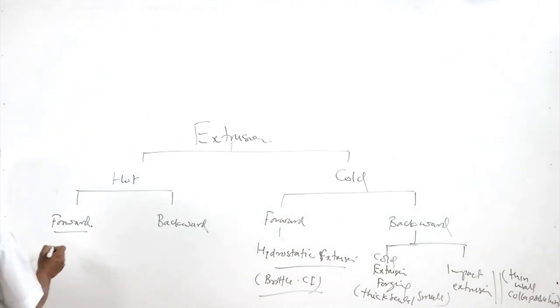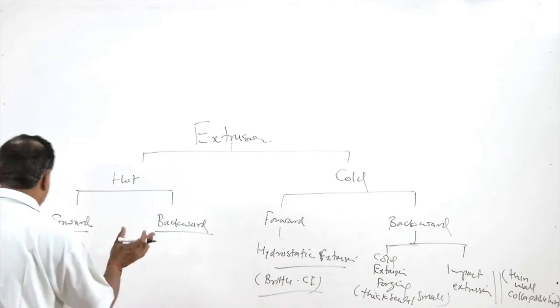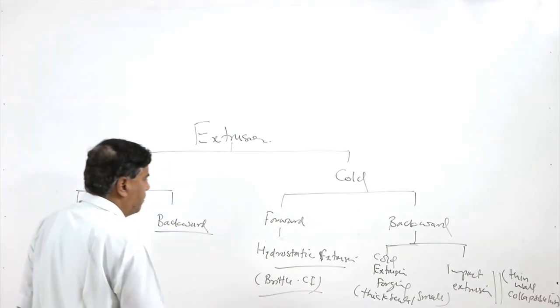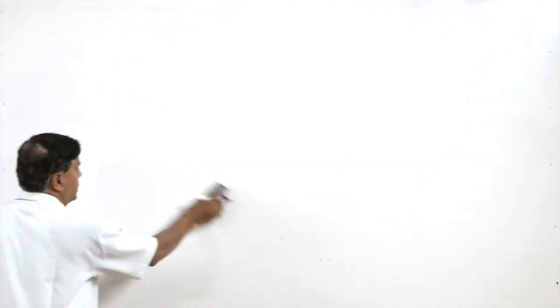Forward extrusion is very extensively used, and similarly hot backward extrusion for making a number of products. Now, one by one I will be taking these different extrusion processes.